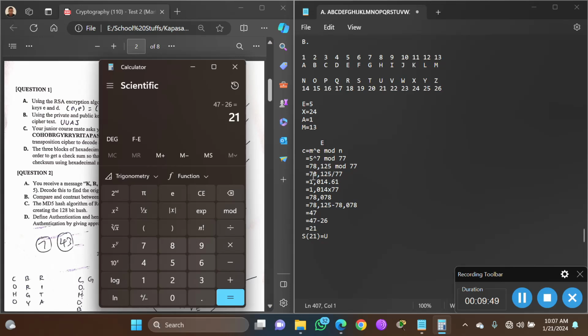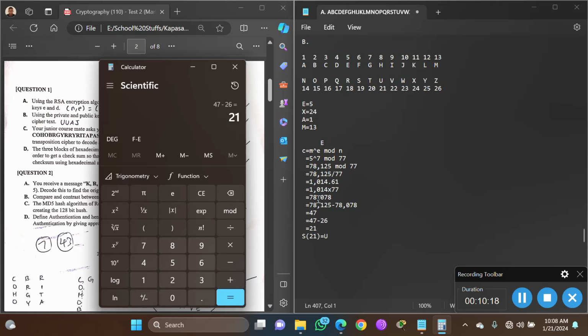Now dividing it by 77, we got this number, but we just limited ourselves to 2 decimal places. After that, get rid of this decimal part, which is .61, write it as a whole number, then you multiply it by the denominator again for you to get a number which is close to that first number you got from the power.